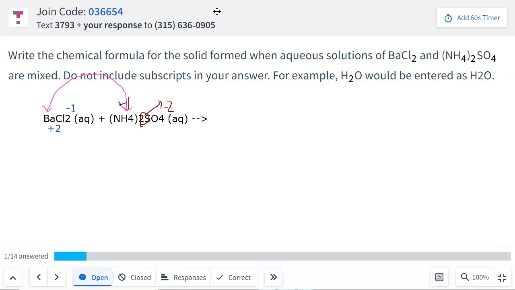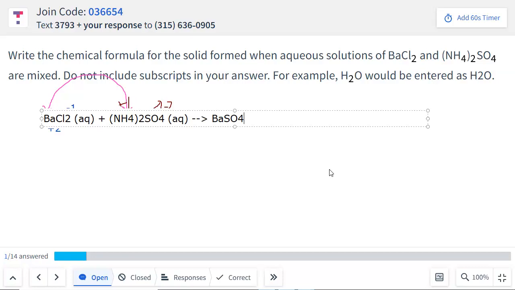And so now when we're creating our products, I know that the barium goes with the sulfate. The barium was +2. The sulfate was -2. The charges match, so I don't do anything.